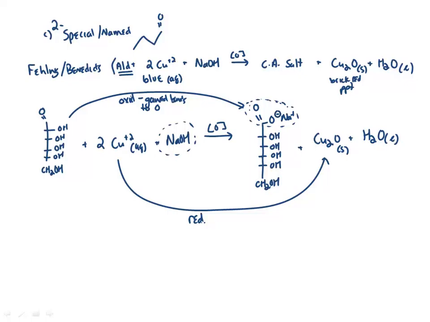Not bonds, but electrons, right? So which one is which? So we should see that we gained electrons. Notice that copper is missing 2 electrons here, right? That's what that +2 means.